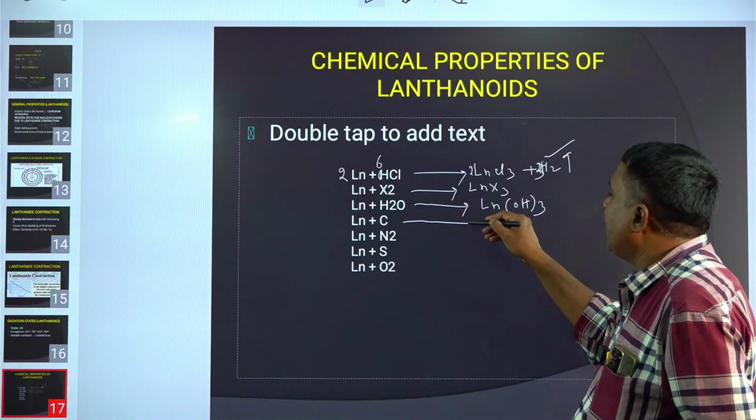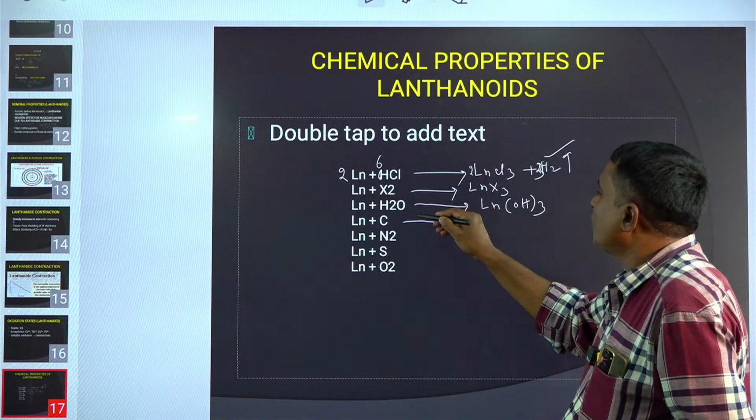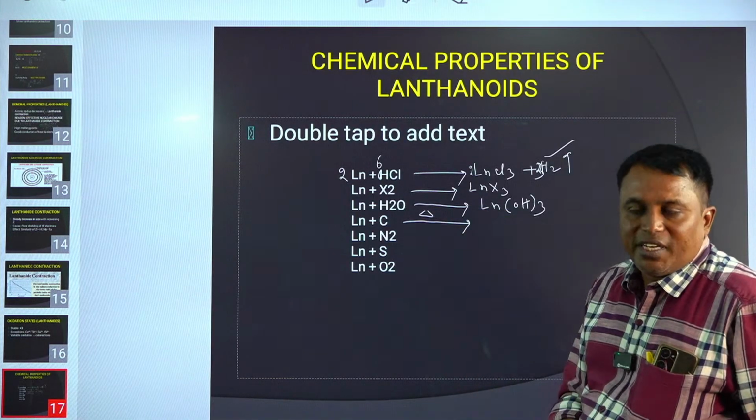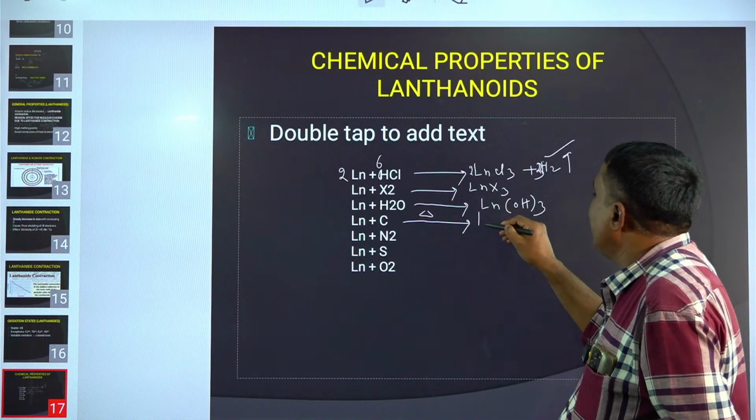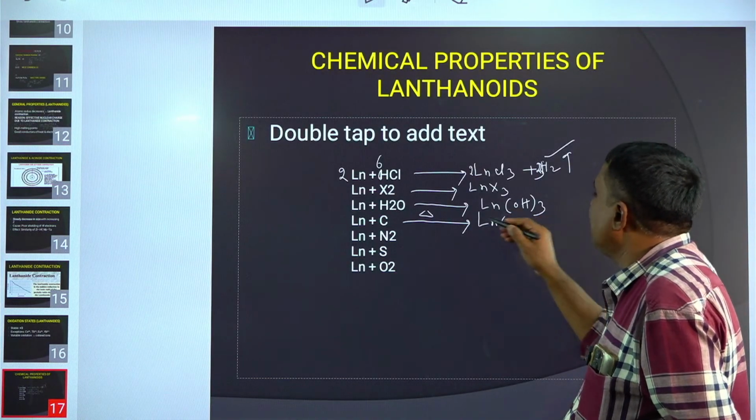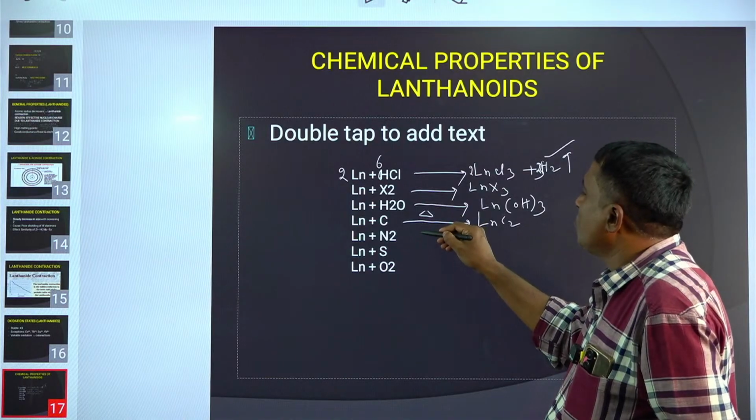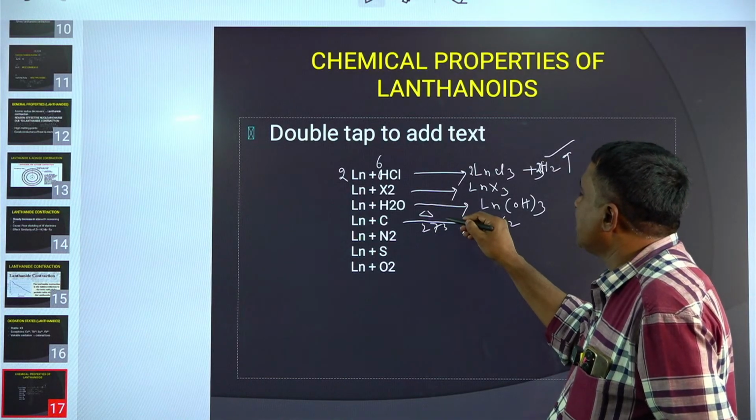Lanthanum when reacts with carbon upon heating, you will get LnC2 at 273 degrees Celsius.